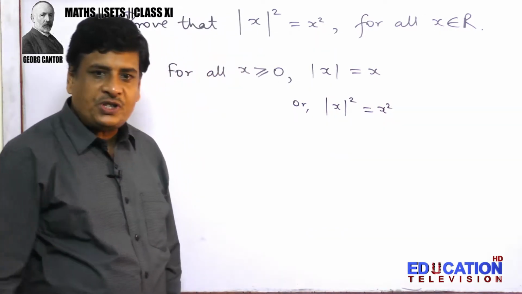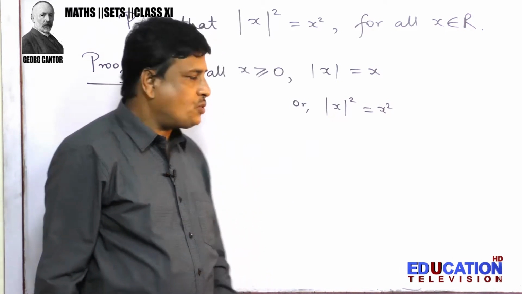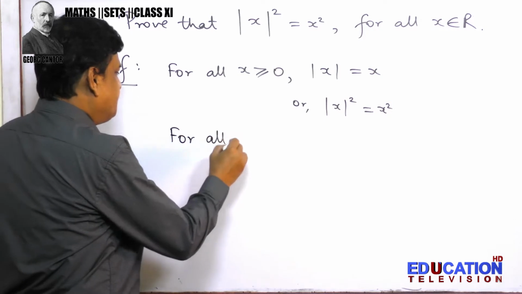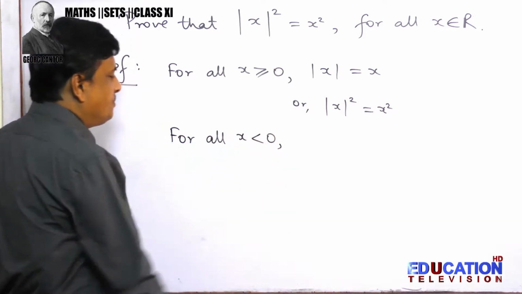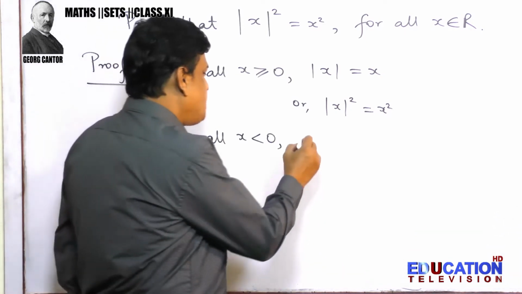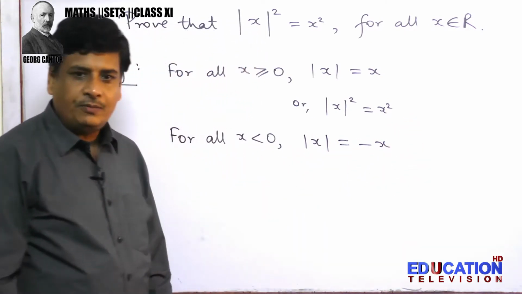So squaring both sides, the square of modulus x is equal to x square.